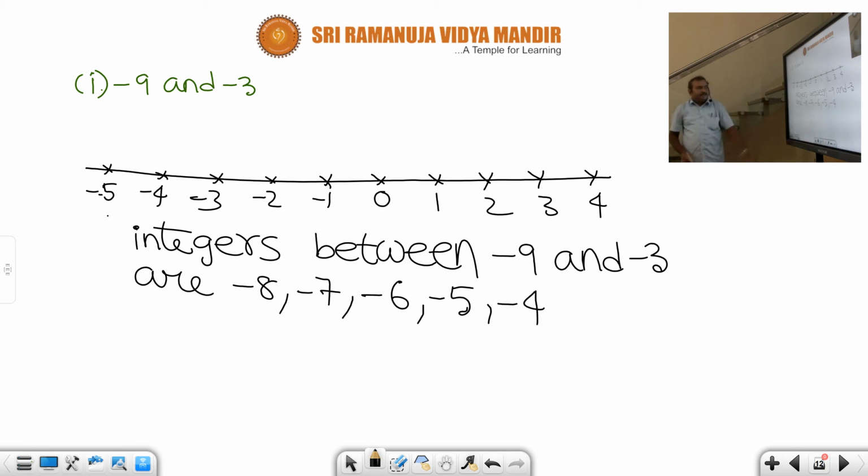Simple, right? So these are the integers between -9 and -3. This is the way to calculate integers between two given integers. Okay children, I think you have understood the concept, right?